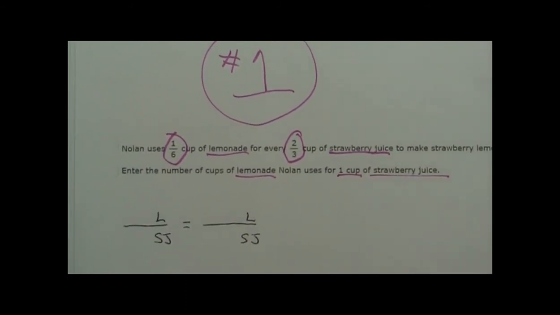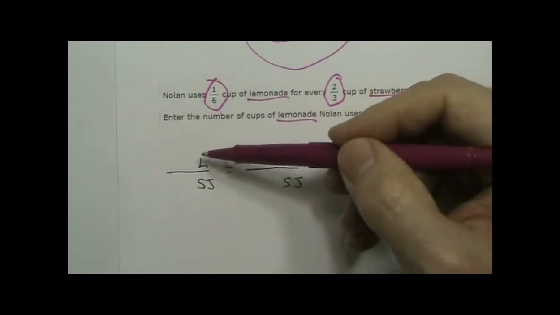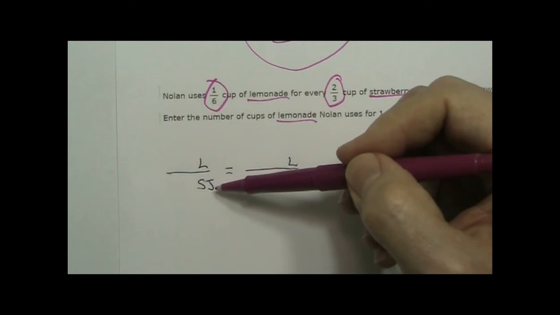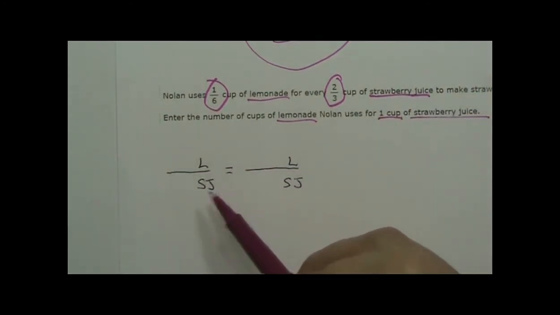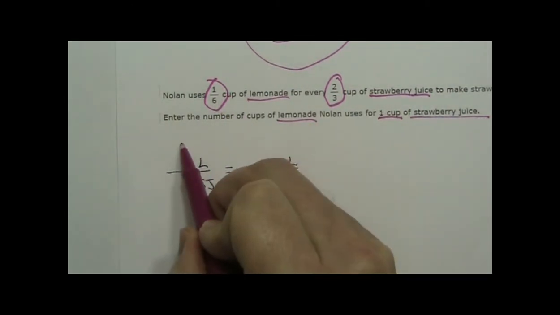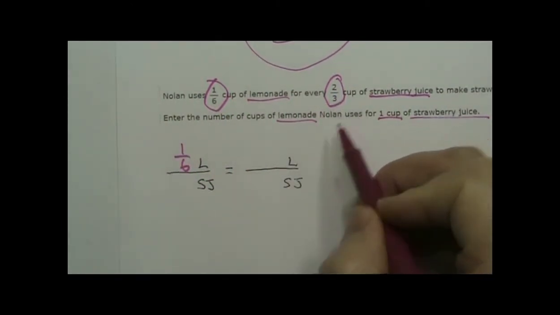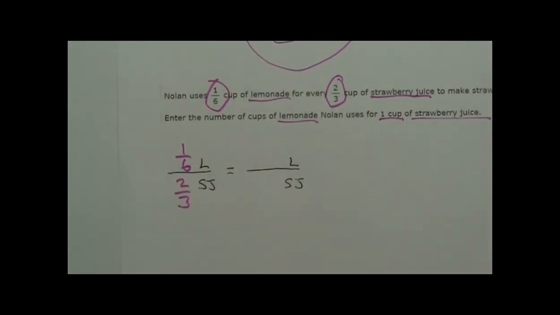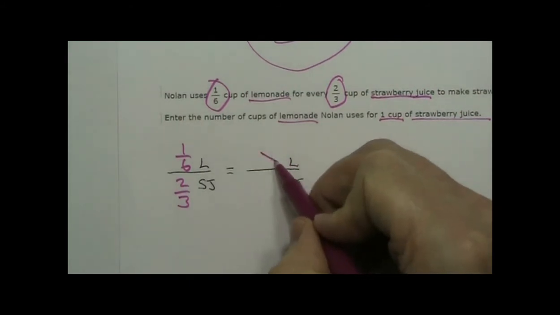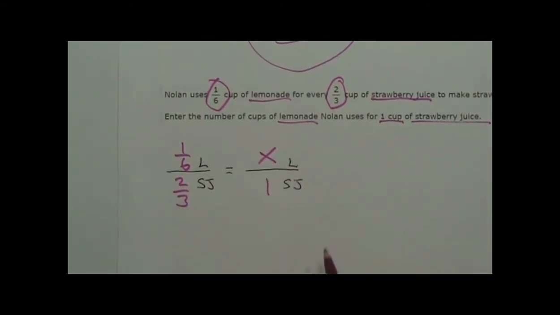Notice I have my units written down: L for lemonade, SJ for strawberry juice. How much lemonade? 1/6 cup is for every 2/3 cup of strawberry juice. And we want to know how much lemonade for 1 cup of strawberry juice. That is setting it up.